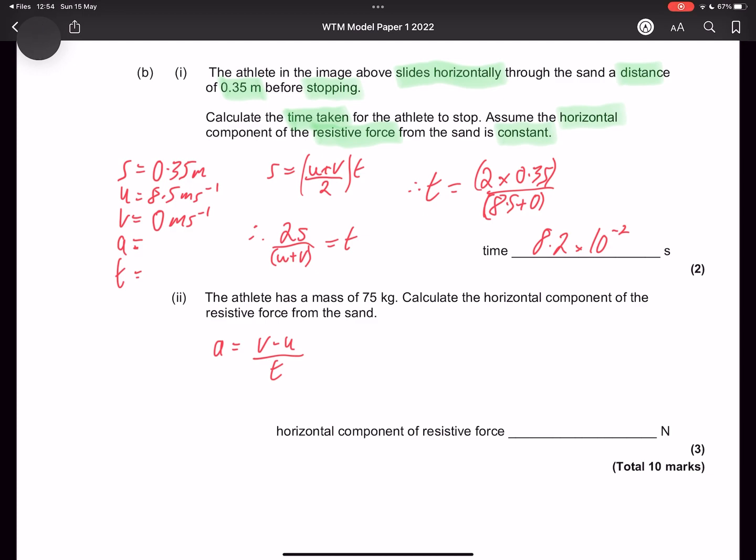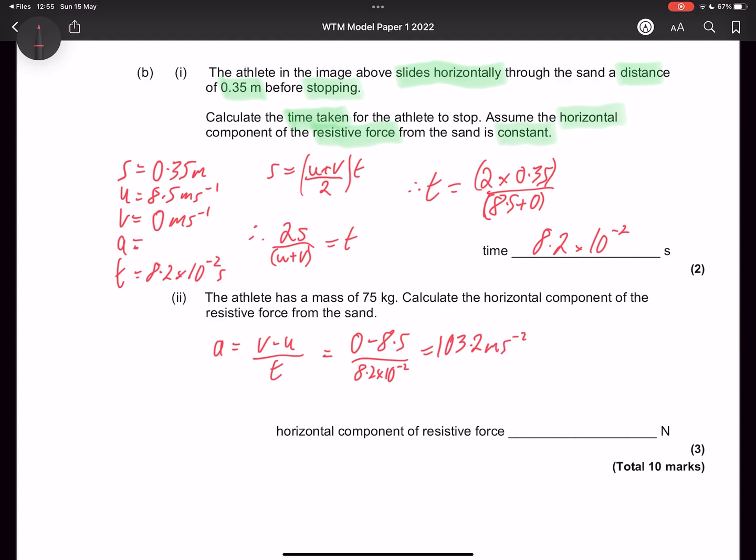We don't need to rearrange anything. Sorry, stuck in the previous question in my head there. So let's note our time, and we can then plug in our values. So V being 0, U being 8.5 over 8.2 times 10 to the minus 2 gives us a value of 103.2 meters per second squared, and this will be a negative value.